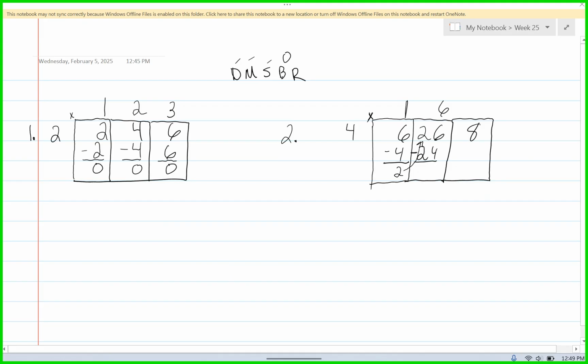Okay? 26 minus 24 is? 2. Yeah. And we're going to bring that over. And now it's 28 divided by 4. What times 4 will get us close to 28 without going over? 7 exactly. 7 times 4 is 28.